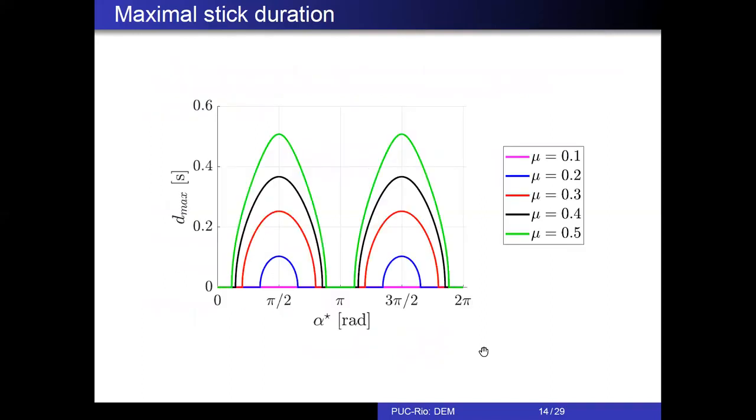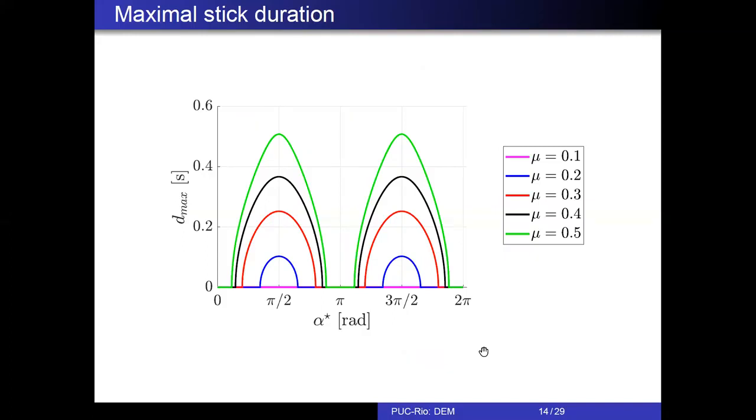Now, let's see the influence of the position of the disk, that is, the angle where the disk is stuck, alpha star, during a stick, and the influence of the value of the friction coefficient on the upper bound for the stick duration. We verify that when alpha star is low or is near π or 2π, there is no stick. When alpha star is π over 2 or 3π over 2, the stick lasts more.